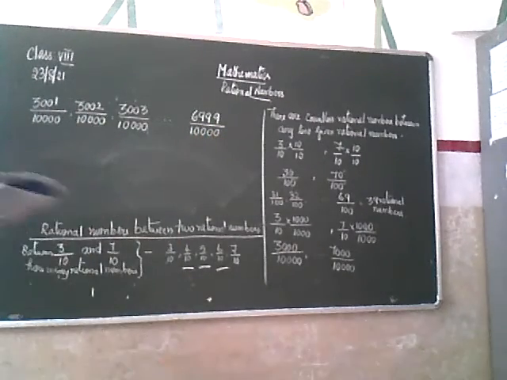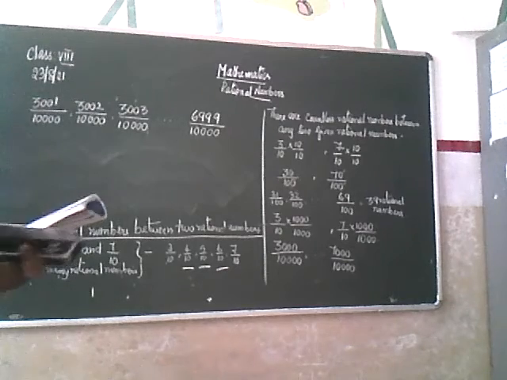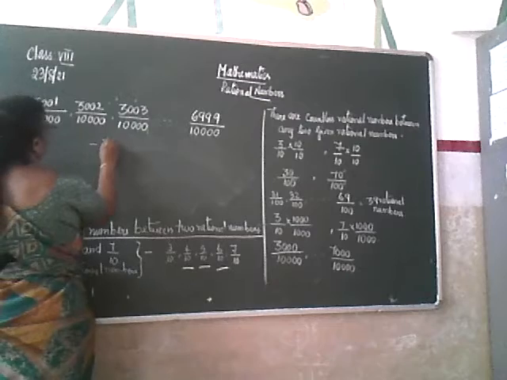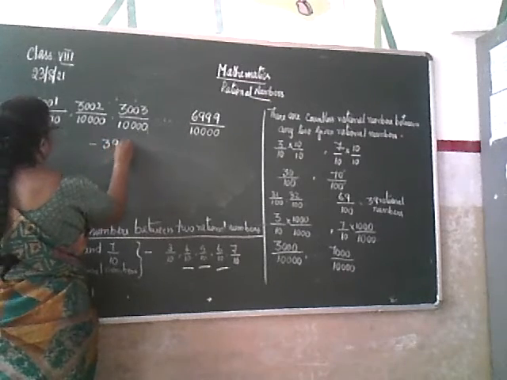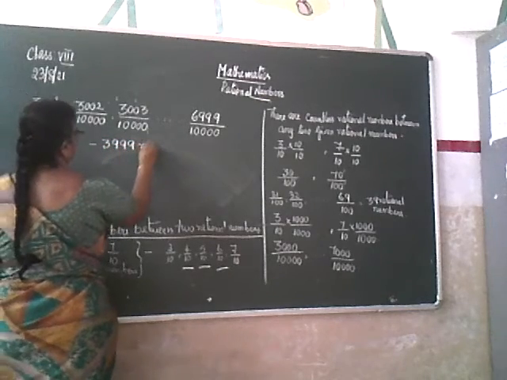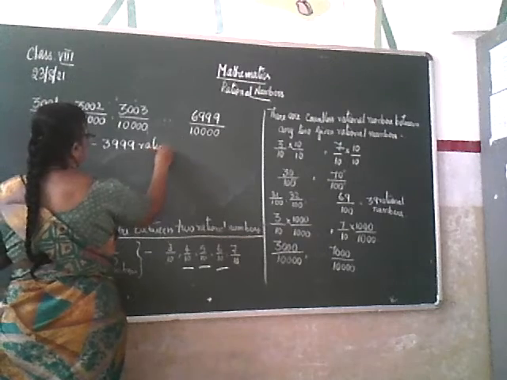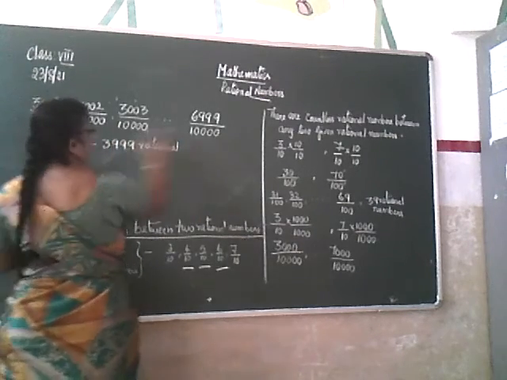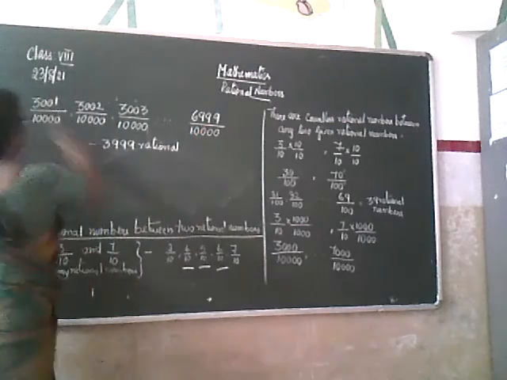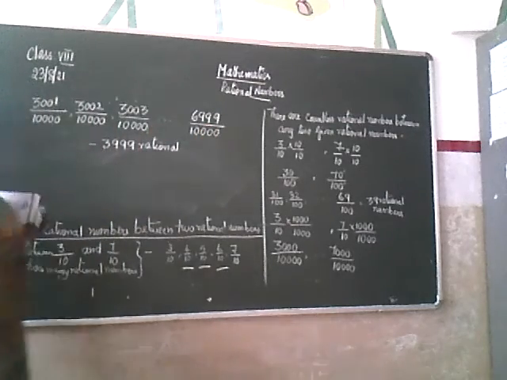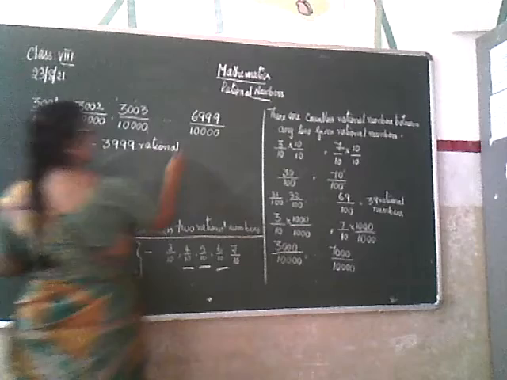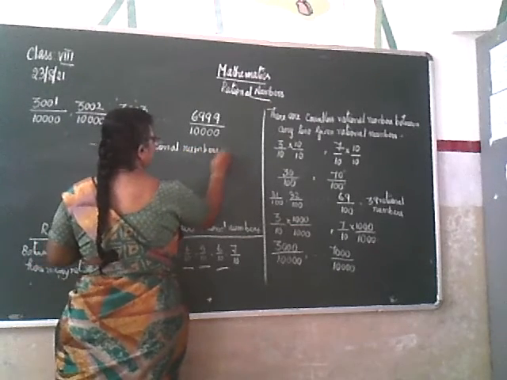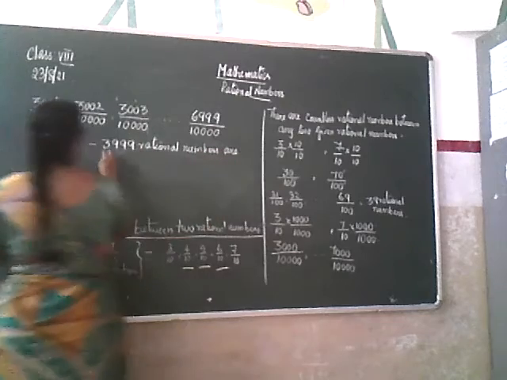So there are how many? 3,999 rational numbers in between the given rational numbers.